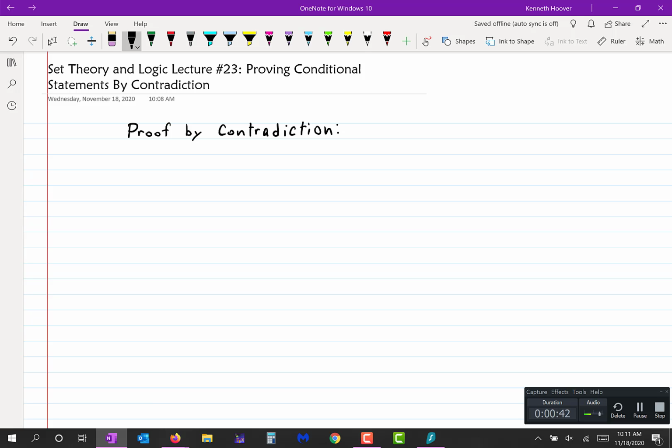Okay, so the outline is that you have a proposition, let's just call it P, and in your proof you start by supposing the negation of P, and then you work your way into a contradiction.